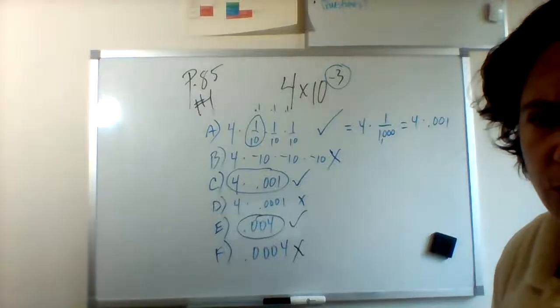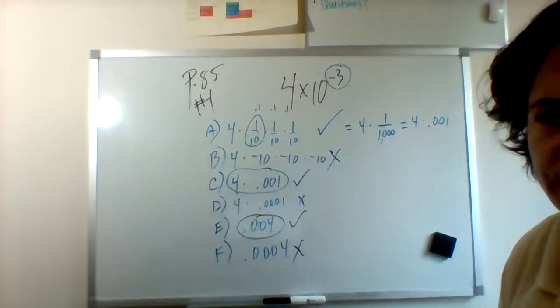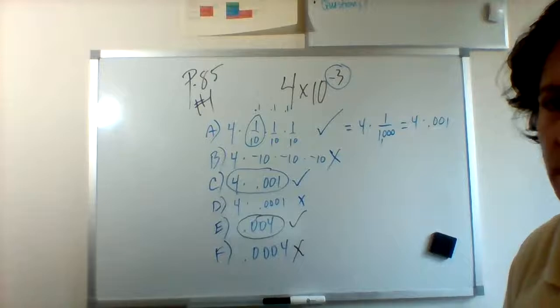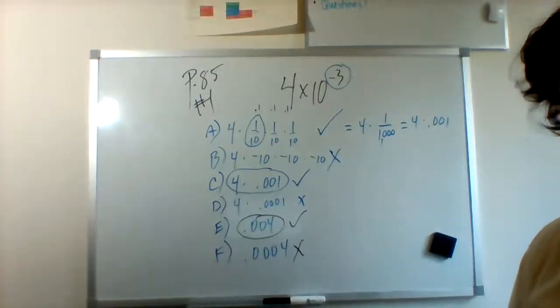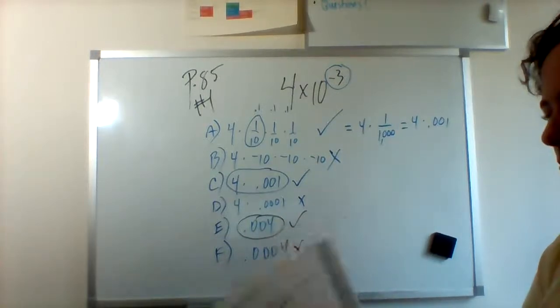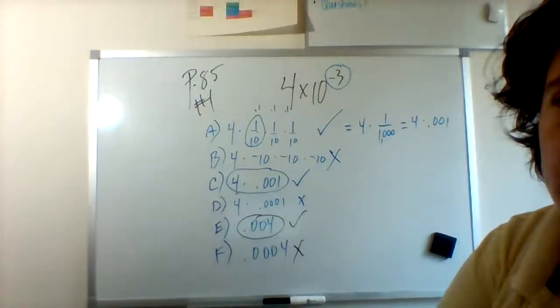The next one says to go to page 100, and we're going to do a couple of problems on this one. It says we're going to do number 1, and then we're going to do number 2, B, C, and E only, okay? So I could show you number 1, since that's the first one we're doing.